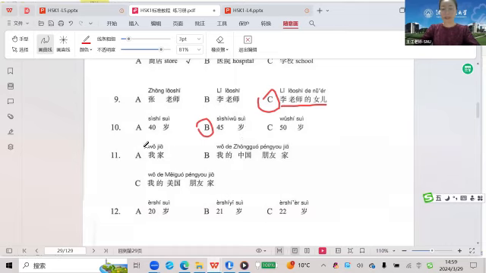So the sentence we heard is 他是我的汉语老师。He or she is my Chinese teacher. 他今年45岁。He or she is 45 years old. Question.